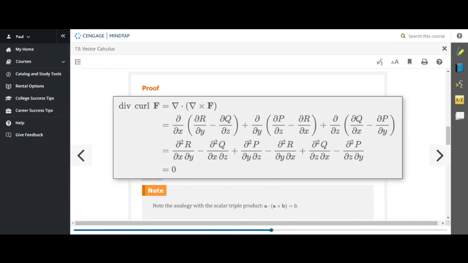So the dot product means you have the partial operators with respect to x, y, and z, and each of those operators is being multiplied by the components of the curl.